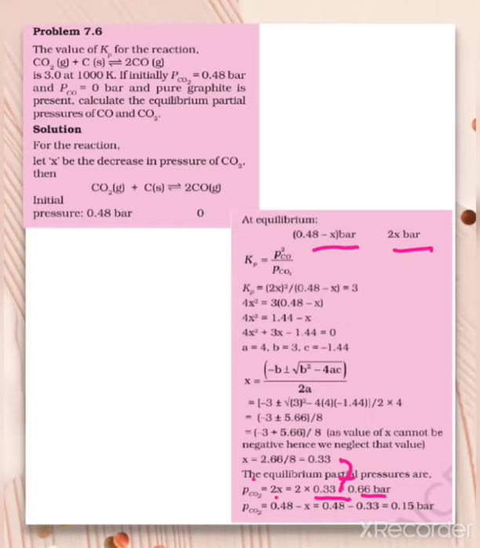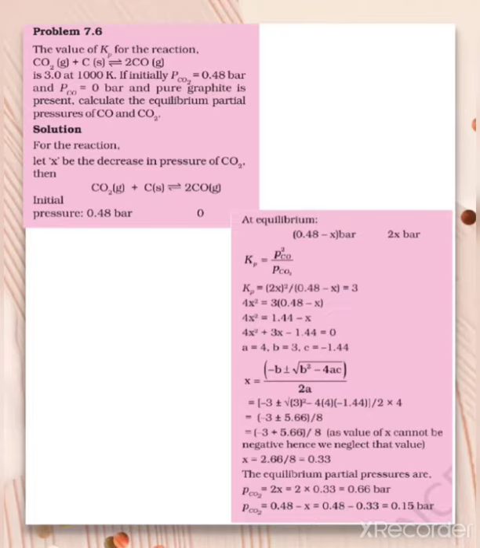And how much is the equilibrium pressure for CO2? That is 0.48 minus X bar. So 0.48 minus 0.33, because the X value is 0.33, we get 0.15 bar.